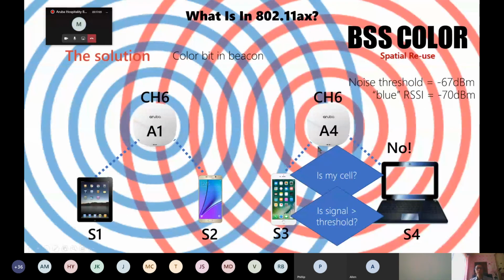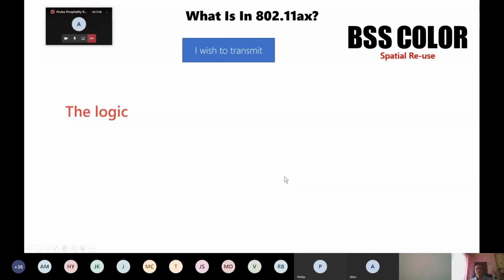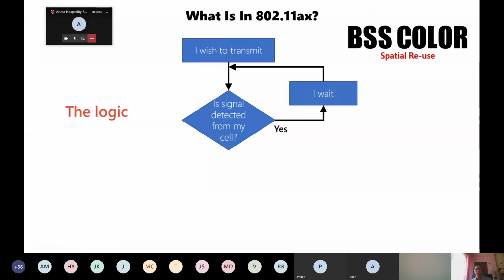If I wish to transmit, first I check if the signal is from my cell. If the signal is from my cell, I wait because it is my clients that are transmitting to me or another client transmitting to the AP. So I am the other client, I have to wait. Then the question is whether the signal I'm detecting is very strong or not strong above a certain threshold.